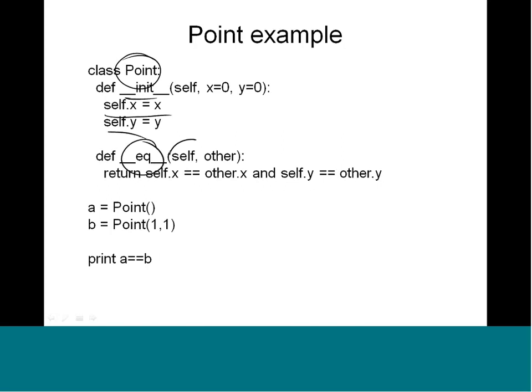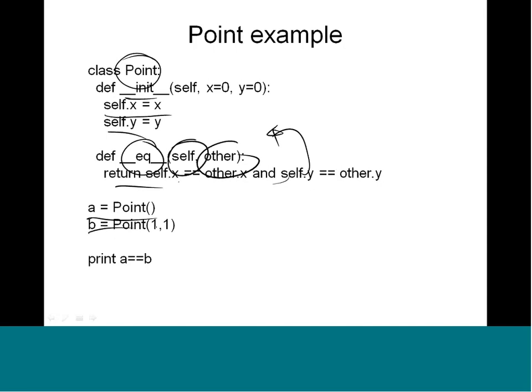In this __eq__, it's with self and other, and so we basically say return self.x equal to other.x and self.y equal to other.y. So it basically does this testing and then reports the answer.